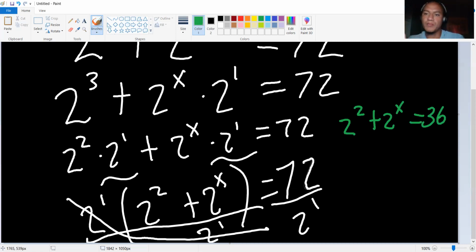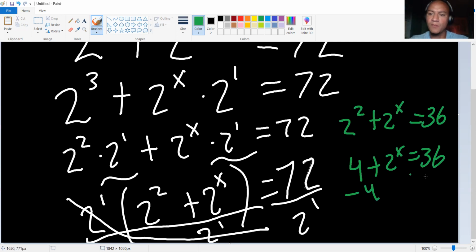Now, you can subtract 2 to the second. We know that's just 4. And so that would be 4 plus 2^x equals 36. You can subtract 4 from each side. And that would give you 2 to the x equals 32.